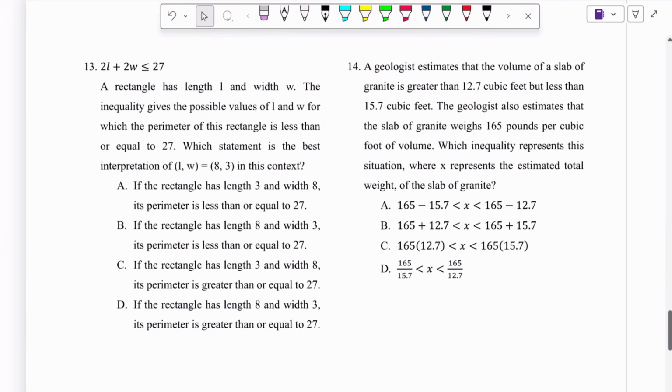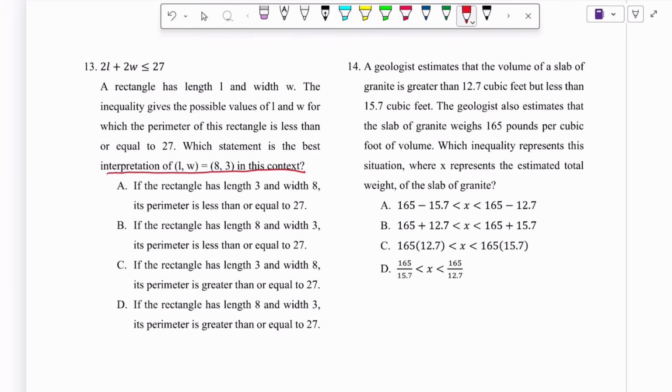Okay, so we have 2L plus 2W is less than or equal to 27. A rectangle has a length of L and a width of W. The inequality gives the possible values for L and W for which the perimeter of this rectangle is less than or equal to 27. Which of the statements below gives an interpretation of this information in context with the problem?